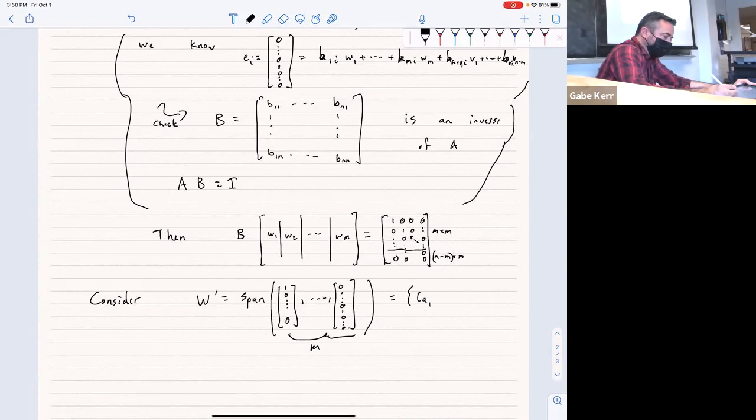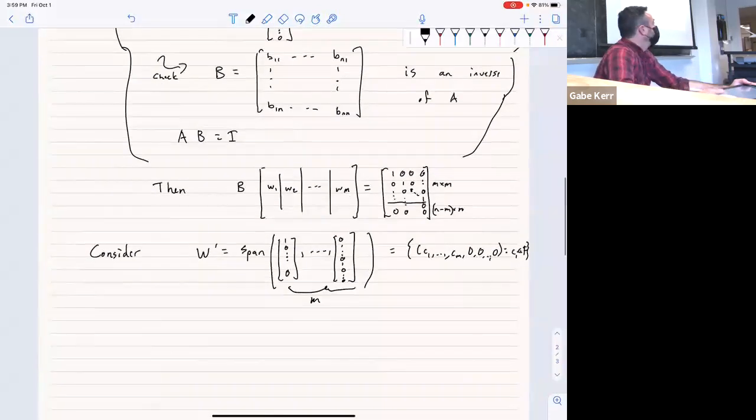It's C1 through CM, and then 0, 0. I don't want to use A, so use C this time. The C_i can be anything in your field. Can you prove this problem for this space? You solve this problem for this space. This is the null space of a matrix. If so, what's the matrix?